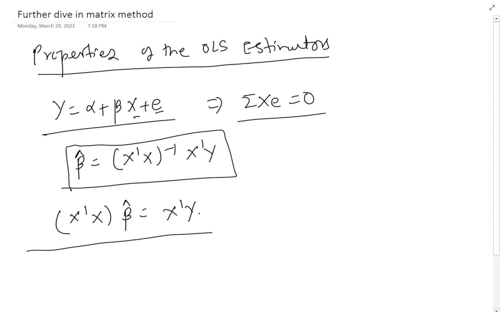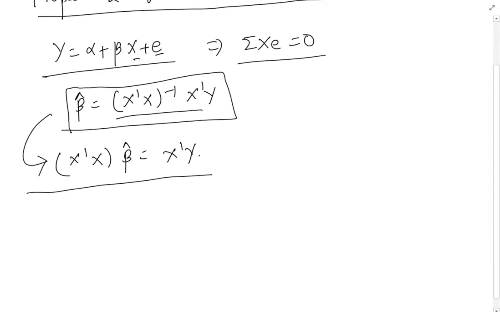Since beta hat equals this formula we derived, we can go back to this step. After going back to this step, we will simply reduce the value of y. X transpose y is simply x transpose times x beta hat plus e.